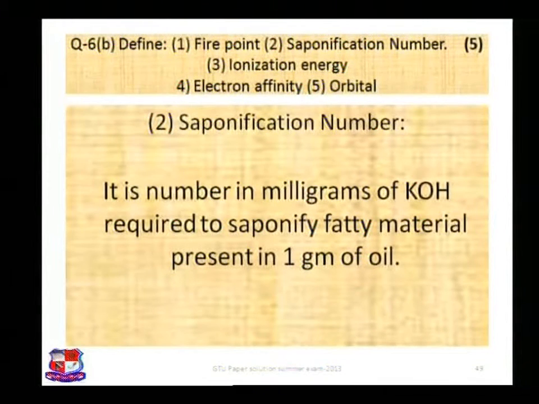Make sure that you write the definition with the proper words. Here milligrams is emphasized, KOH, that is potassium hydroxide, is emphasized, and present in 1 gram only, 1 gram of the oil. So make sure that you are writing all the terms in the very correct way. This is also very important. You cannot put NaOH in place of the KOH or something different. So all these terms are very important when you are writing the answers.